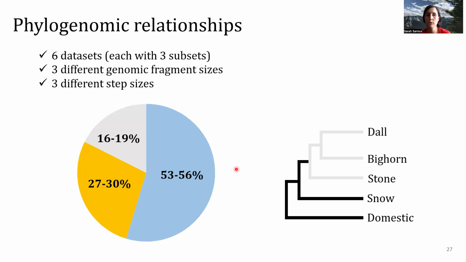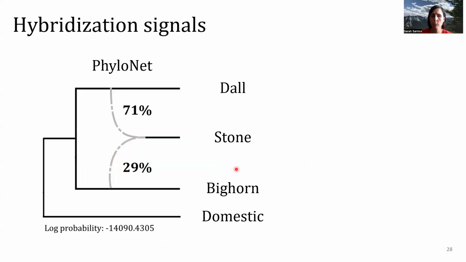But these phylogenomic signals, the program doesn't really account for whether it's hybridization or other types of mechanisms. And so we use more specific methods to estimate hybridization. One of them was a model of evolution called PhyloNet, which is based on those trees that we generated before. Here we observed that Stone sheep would have 71% coming from Dall sheep and 29% coming from bighorn sheep.